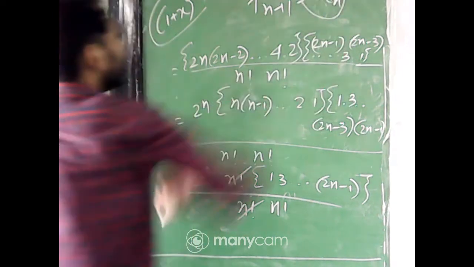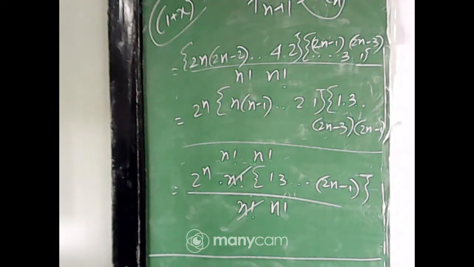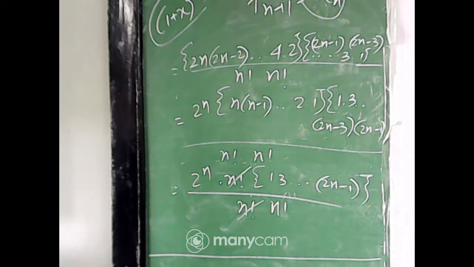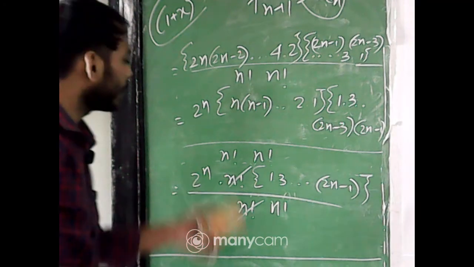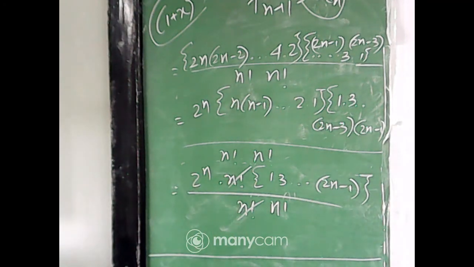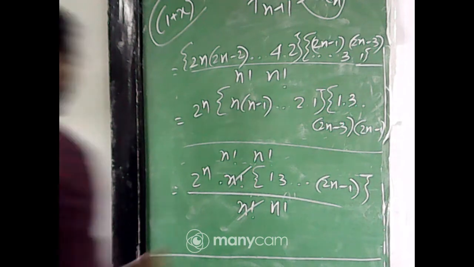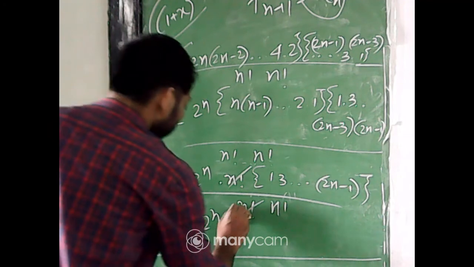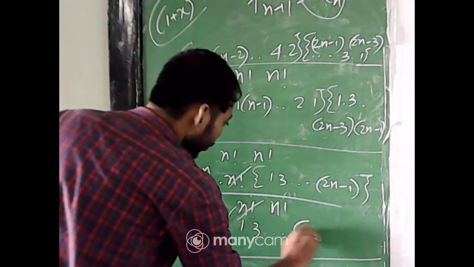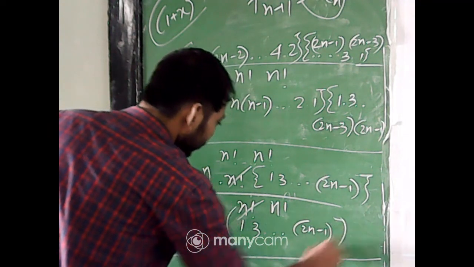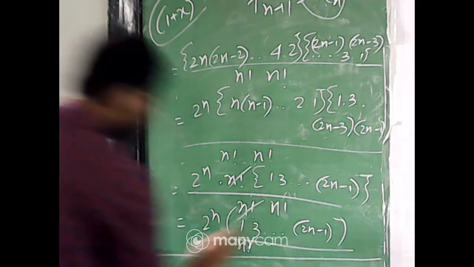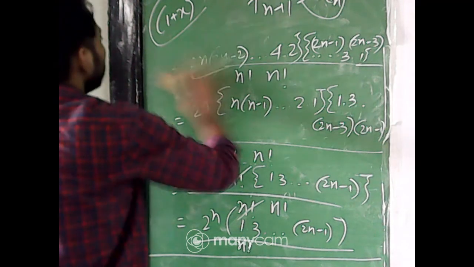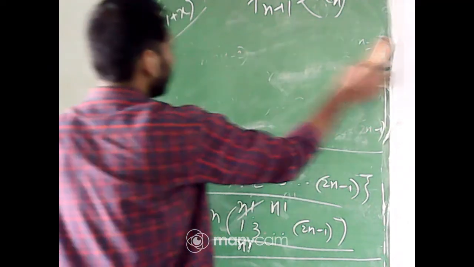Now here I am breaking 2n Cn. Okay, Pramit, here I am breaking 2n Cn. Now after breaking 2n Cn, we got finally 2n into 1, 3, dot dot dot 2n minus 1 by n factorial, 2 to the power n, within the bracket 1, 3, dot dot dot 2n minus 1 by n factorial. Therefore, finally we got the middle term.